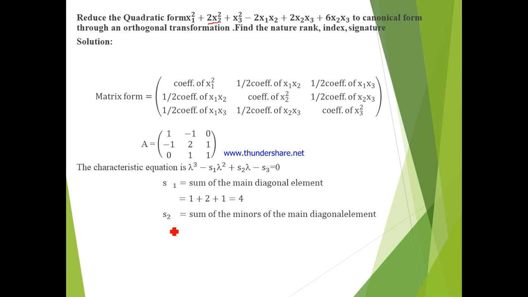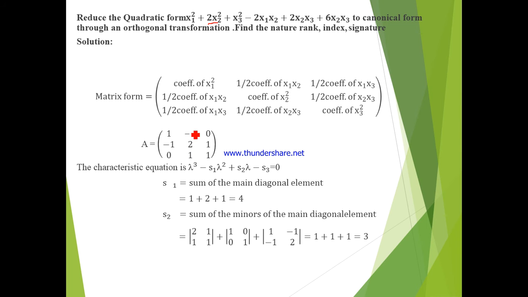So next to find S2, the sum of the minors of the main diagonal elements. S2 is, first take the diagonal element 1, take the minor of this 1, remove the corresponding row and column, the remaining terms are 2, 1, 1, 1. So find the minor of 2, 1, 1, 1. The next, find the minor of this 2.